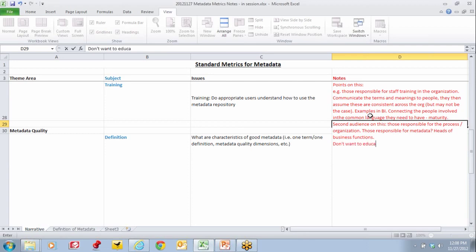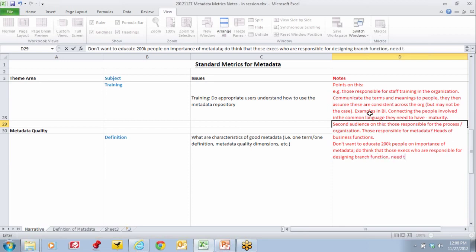So very rarely would you see training working hand in hand with BI projects on establishing reporting requirements for how much sales we're doing, what our projections are, and who we are talking to. And so it's connecting those people in the common language that they need to have in order to get to that higher level of maturity.